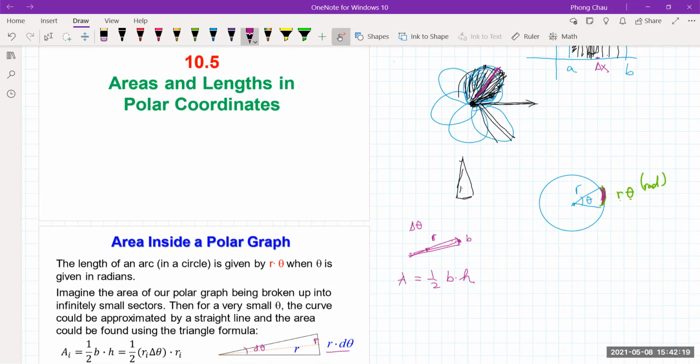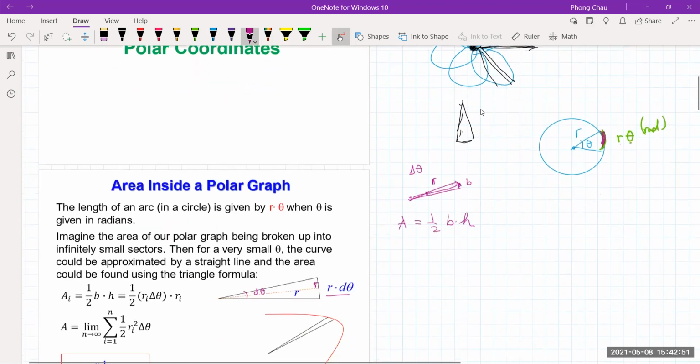Now I'm adding the subscript i just to mean this is an arbitrary sector. When you find the area of the whole region, we actually have many sectors, sector 1, sector 2, sector 3, 4, 5, 6, 7. So just pick one arbitrarily, called the ith sector. Then to find the area of the whole thing, you sum up the areas of these sectors.